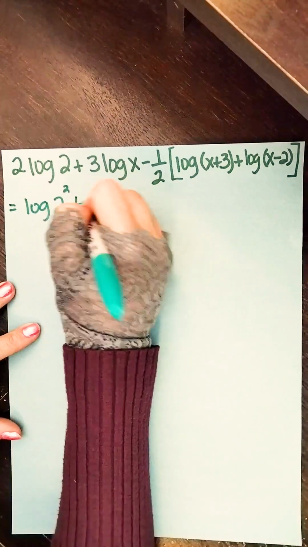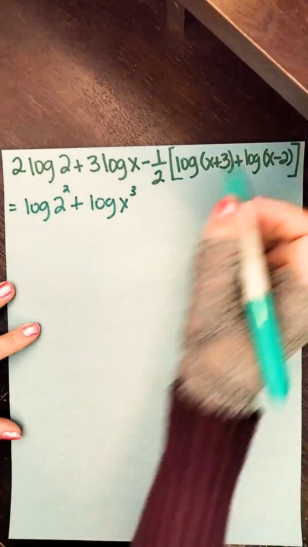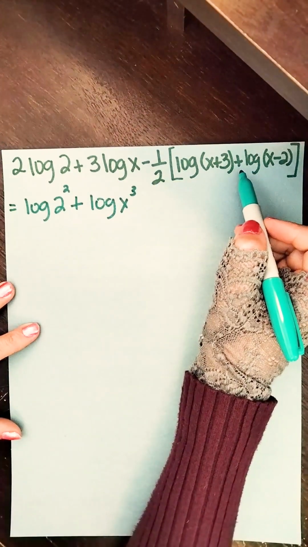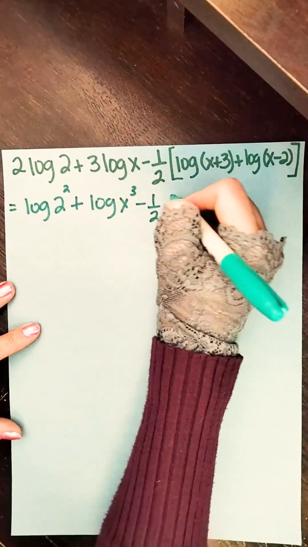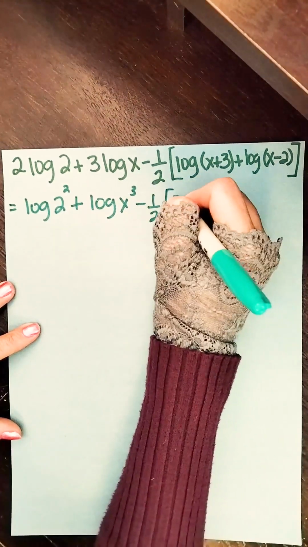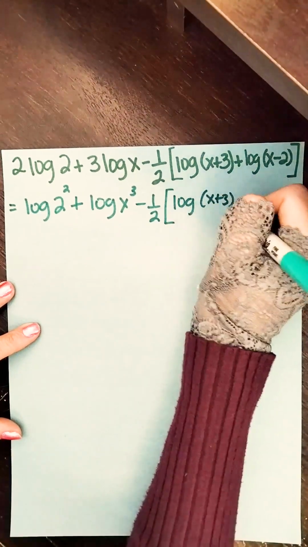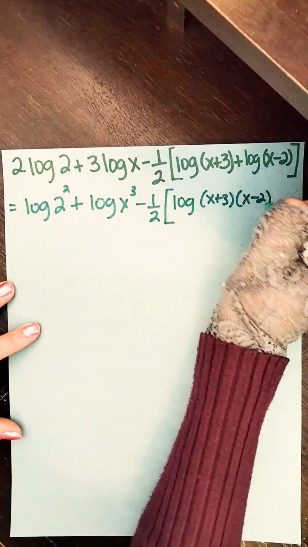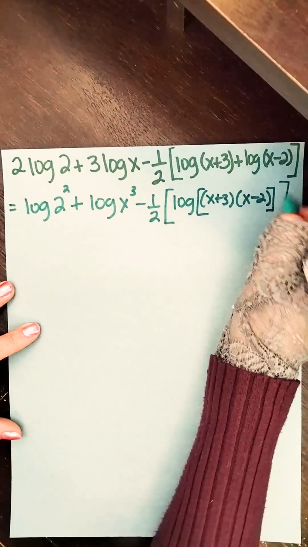And so can this 3, using the power property of logs. And I notice I have a sum of 2 logs. So that's the same thing as the log of one of the arguments times the other argument.